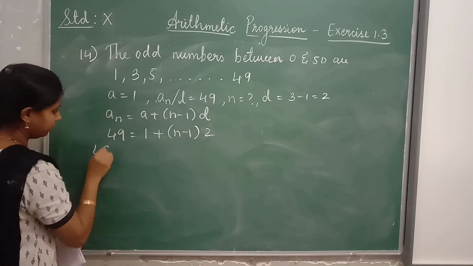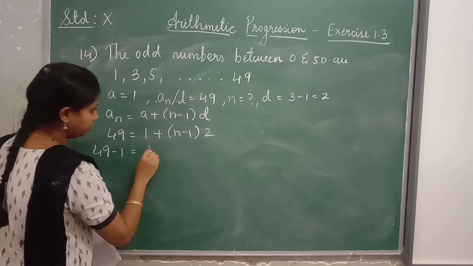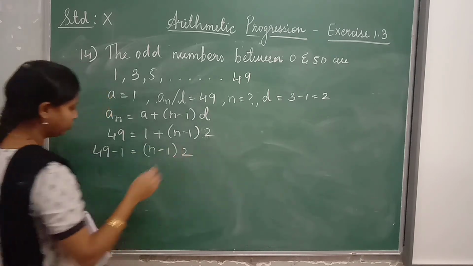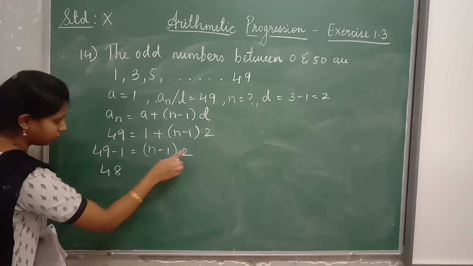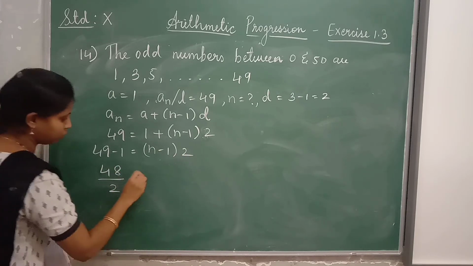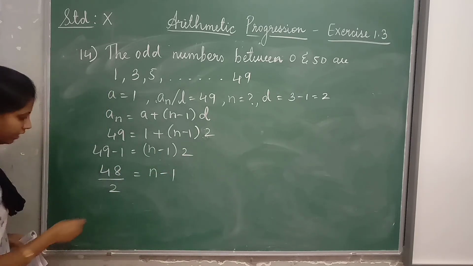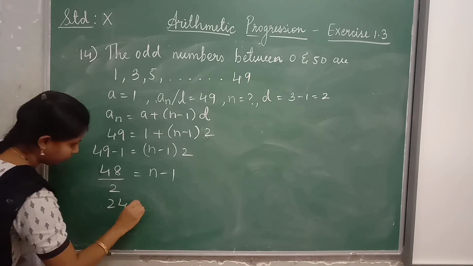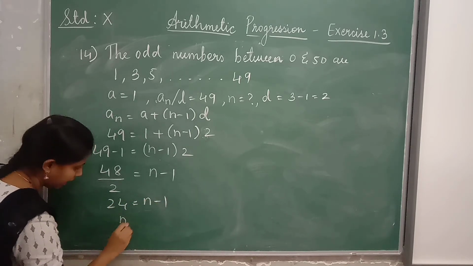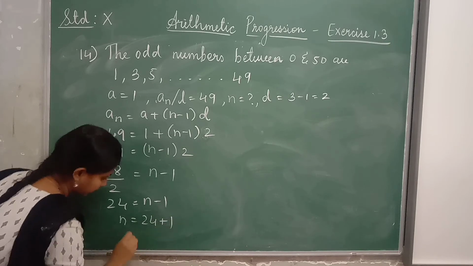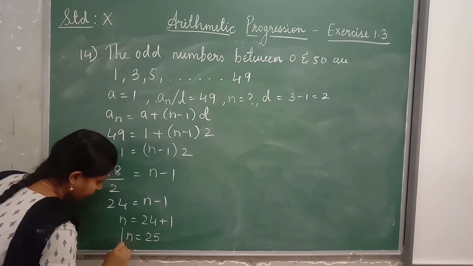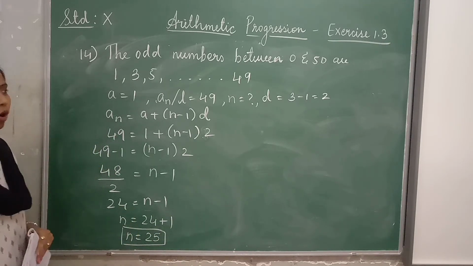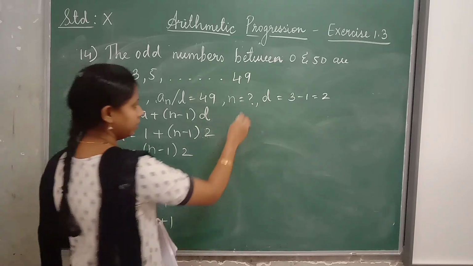So 49 minus 1 equals (n minus 1) into 2. So 48, the 2 on the other side will be divided by 2, equals n minus 1. If you simplify, 24 equals n minus 1, n equals 24 plus 1, so n is 25. So you have 25 odd numbers between 0 and 50.